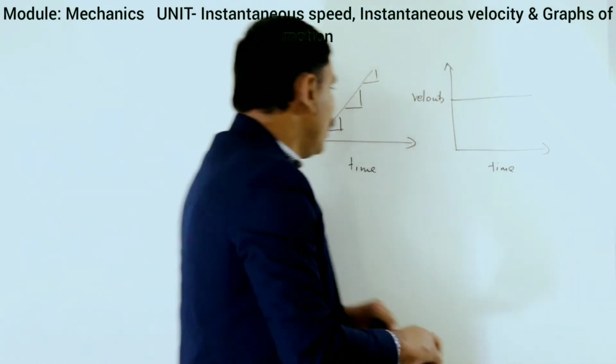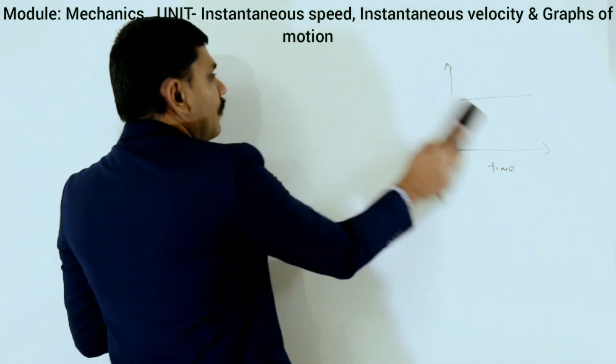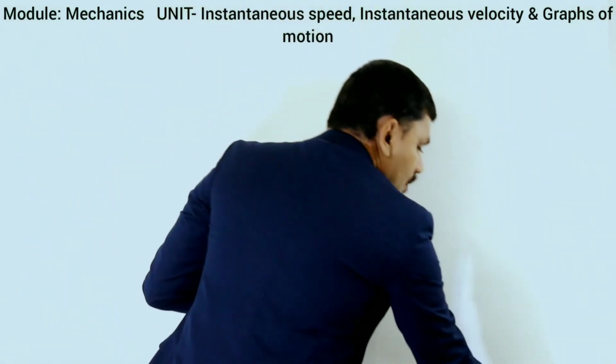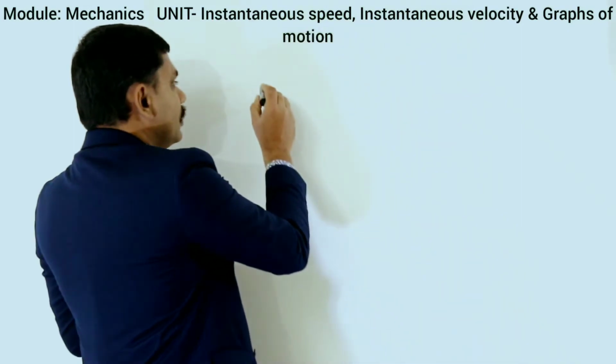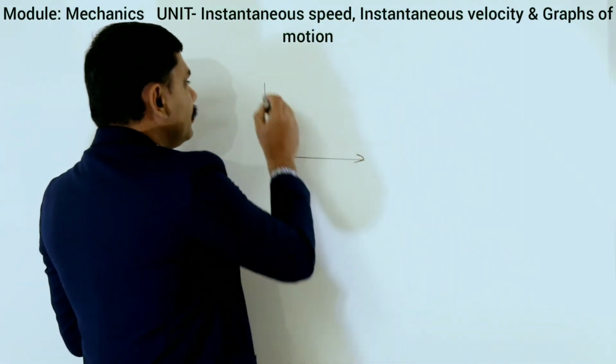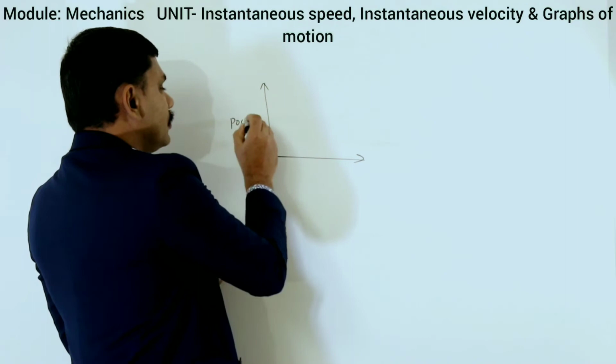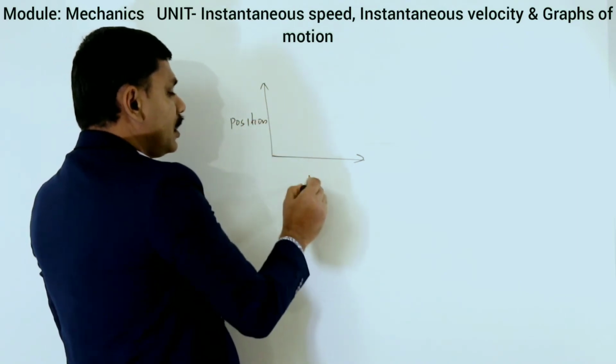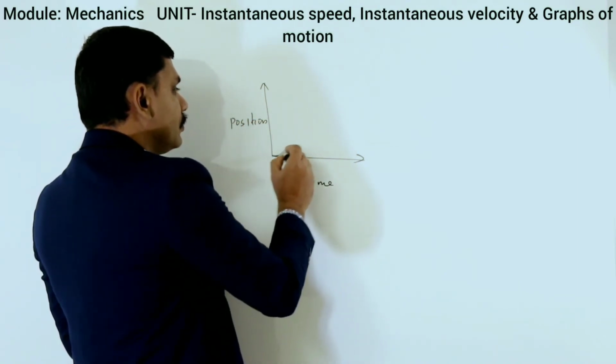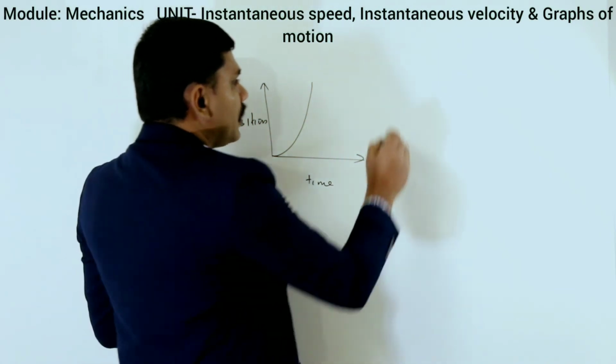Then how will you draw graphs with constant acceleration? With position time, the graph looks like this.